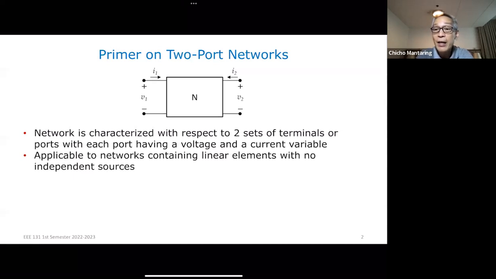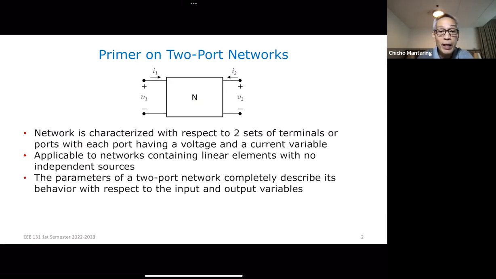Your linear sources can be a linear dependent source or a linear independent source. But in the case of two-port networks, you are not allowed to have independent sources inside N. In other words, we cannot have a voltage source or current source here. We can have dependent sources: voltage-controlled voltage source, voltage-controlled current source, current-controlled voltage source, current-controlled current source. Those are allowed, but not independent ones. Okay.